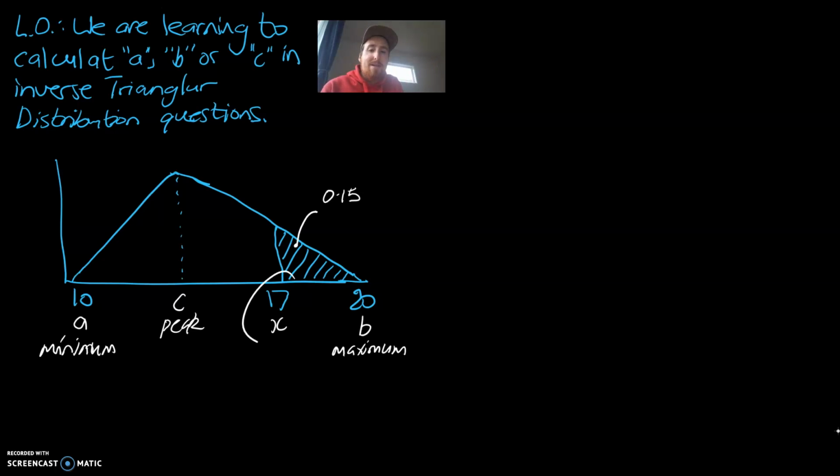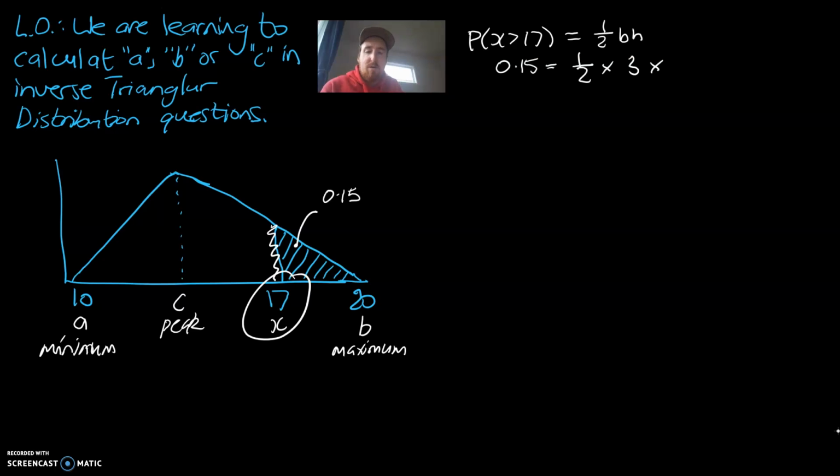The probability of X being greater than 17 should be equal to 1/2 base times height, because that's the area formula for our triangle. That probability is 0.15, which equals 1/2 times the base. The base of this triangle is 20 minus 17, which is 3, times the height of this triangle.